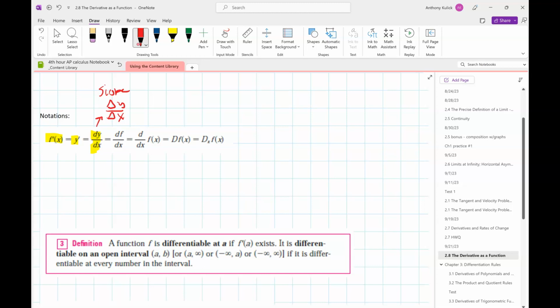So this d dx thing is kind of like the operation telling us to do the derivative. So if I have y equals x squared, and I want to do the derivative of this, I apply d dx to both sides.